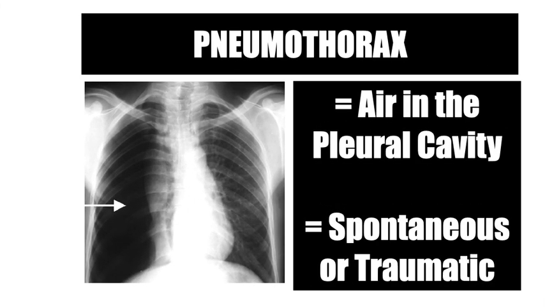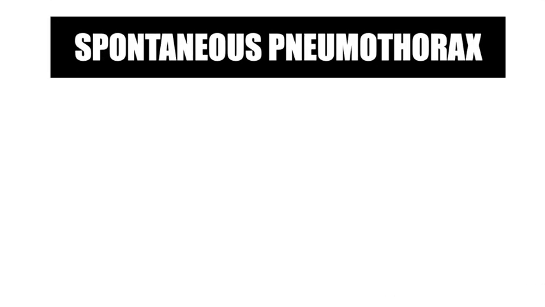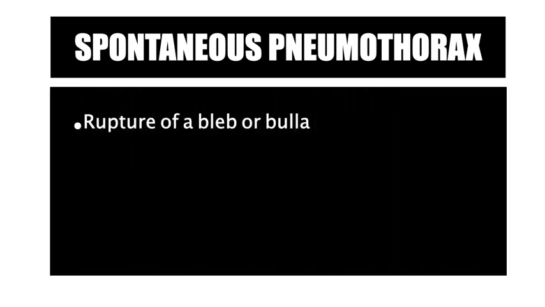The last topic I want to discuss is pneumothorax. It is either spontaneous or traumatic. For spontaneous pneumothorax, the prerequisite is a bulla or a bleb, which are ballooned out parts of the surface of the lungs, which gradually thin out through time and then rupture, causing pneumothorax.